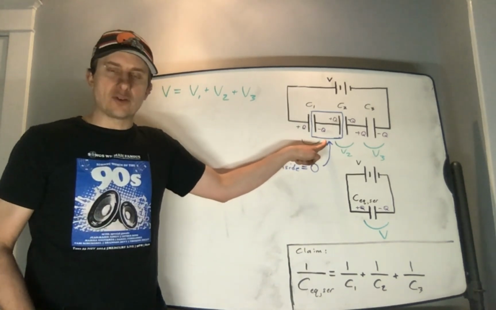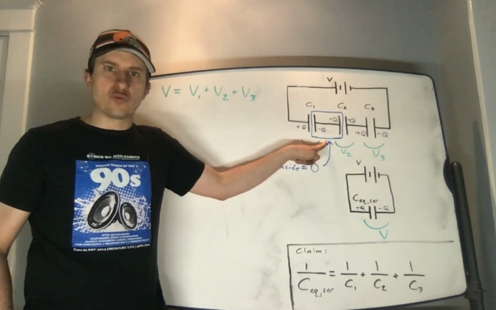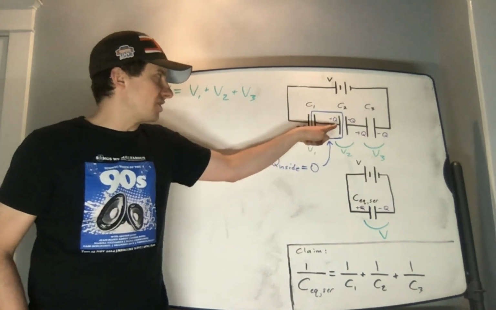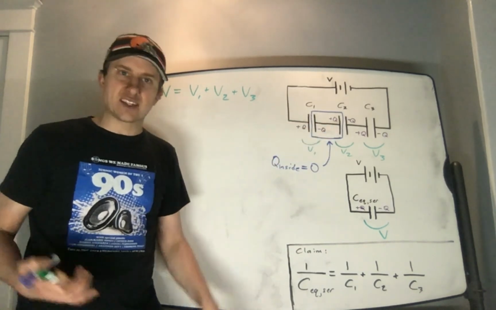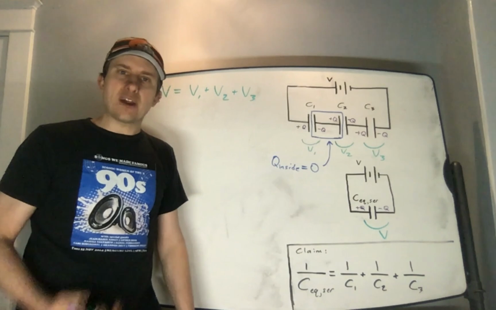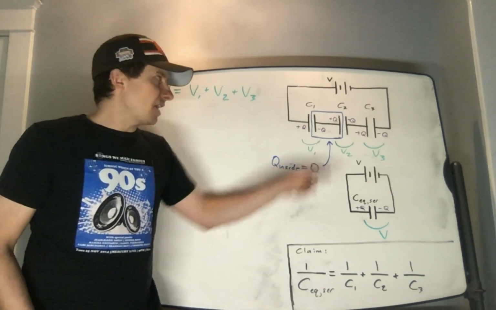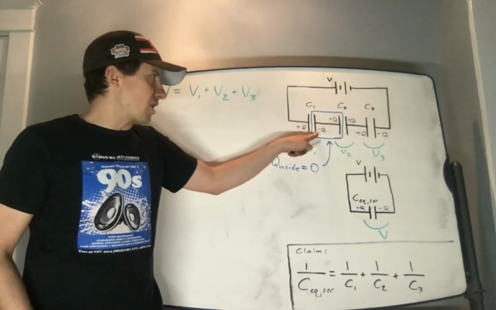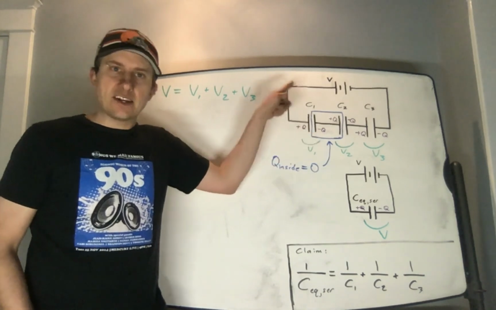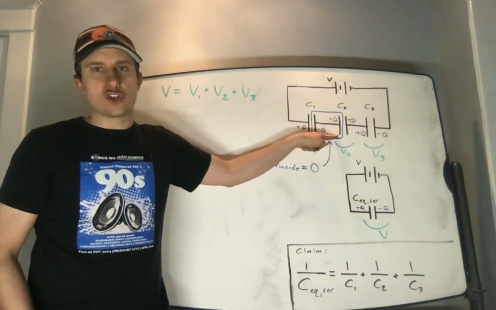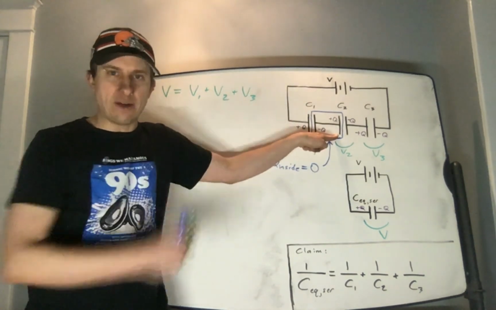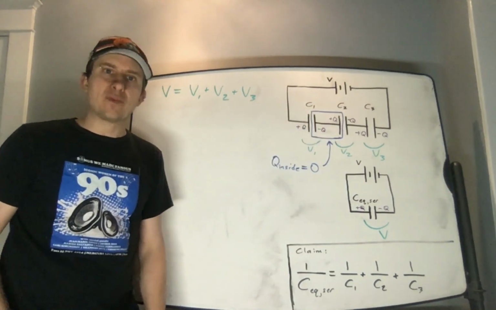Before I connect this circuit, positive and negative charges will be evenly distributed between these two plates of the capacitors inside this box. However, after I connect this circuit, negative charges will flow to the right plate of capacitor 1, and an equal amount of positive charge will be left over on the left plate of capacitor number 2.